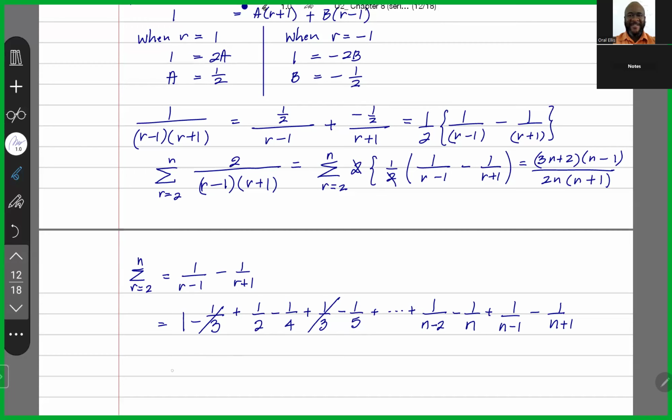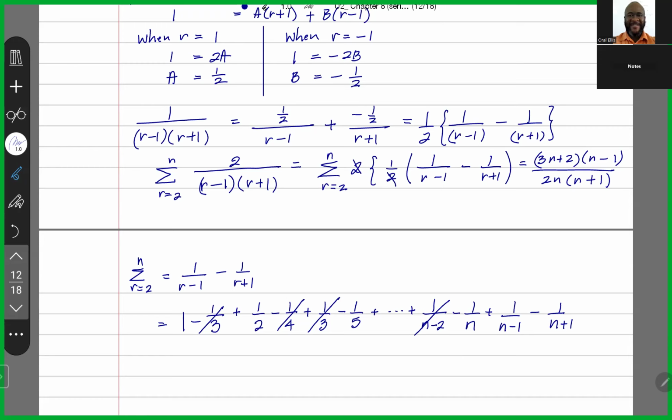So in other words, I'm guessing that minus a quarter will go, because there's a positive a quarter 3 terms to the right. Positive 1 over n minus 2 will go, because there is the negative version of it 3 terms to the left.